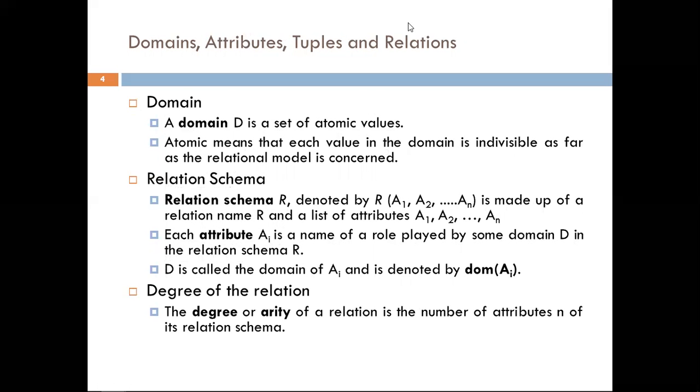Then we have discussed the concept of domain. A domain D is a set of atomic values. Atomic means that each value in that particular domain cannot be divided further. So in the relational model, the atomic values cannot be divided further. For a relational schema, we represent a schema with capital letter R and the attributes are denoted using A1, A2 and A3.